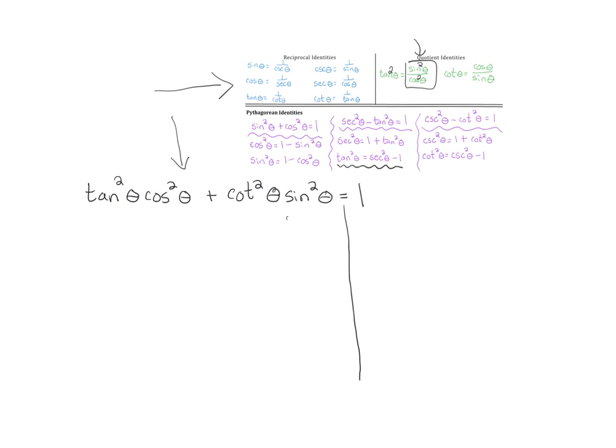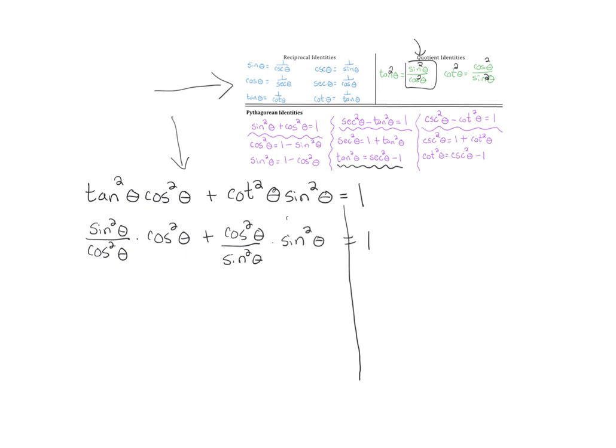So I'm going to rewrite tangent squared as sine squared over cosine squared, and then times cosine squared, plus, how can I rewrite cotangent squared? Same thing. I could rewrite cotangent squared as cosine squared over sine squared, and I'm multiplying by sine squared.